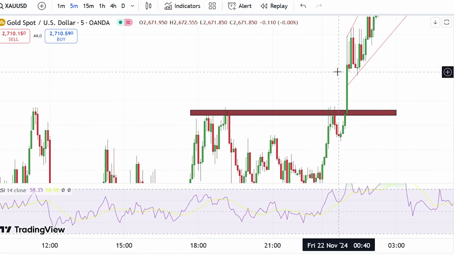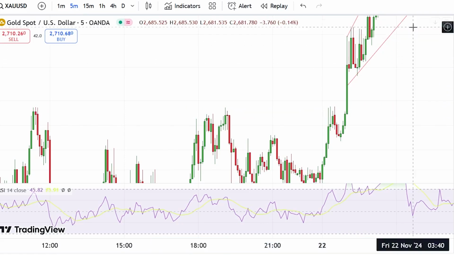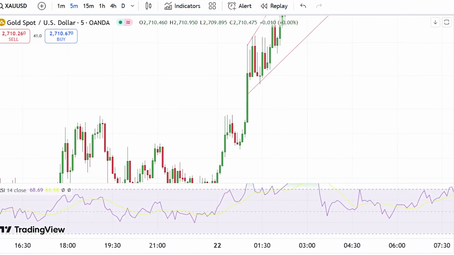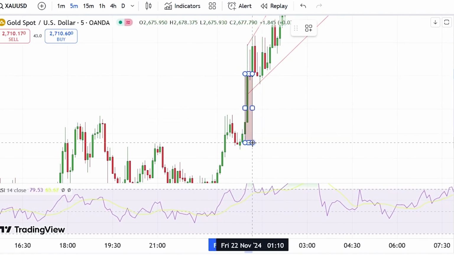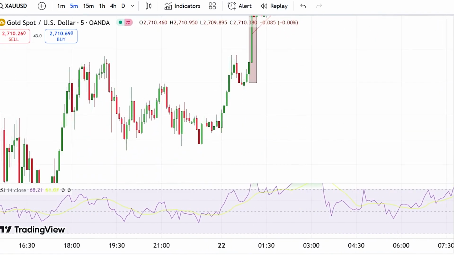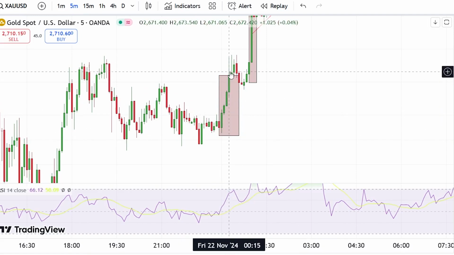So I expect you to go on the chart, just mark these strong candles. Like with this tool here, you can mark them like this. Here also it's a spike, see strong candles one after another.